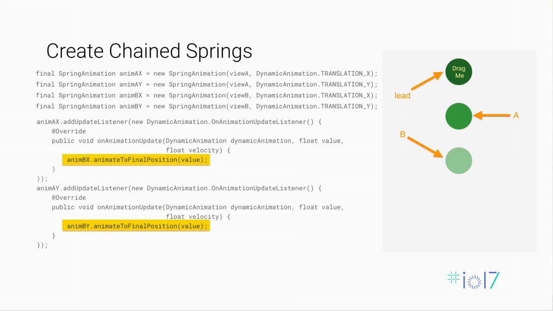And in the on-animation update callback, we're going to receive A's animation, and then A's position, and A's velocity. We're going to do the same trick here. We're going to call animate to final position. So if B is not moving at the moment, then we would set the final position for it and then start the animation to move it towards A. Or if B is already moving, we're going to update its final position, so it eventually heads towards A.